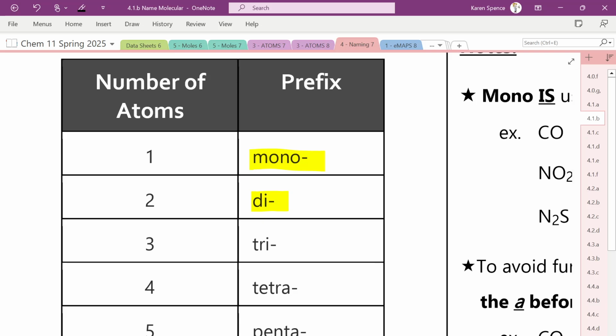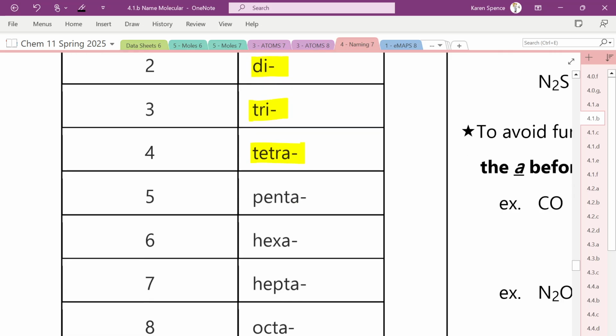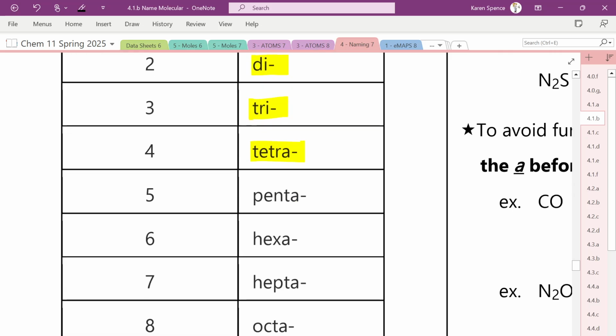What do we call that? Tricycle. 3 is tri. Tetra's kind of hard unless you play Tetris, because every Tetris piece is made of 4 squares. Tetra is 4. Or if you know that a Tetra Pak, like a juice box, has 4 sides.